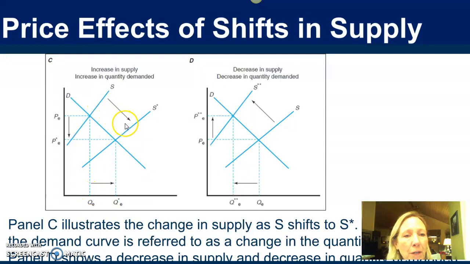Okay, we have a shift in supply. Let's say this is 2018, this is 2019. Now we have lower prices and we have a greater quantity brought to the marketplace. This is a typical supply curve that you would see for a bumper crop, a good crop year. So producers are bringing a greater quantity to the market. Consumers will buy it, but they only buy it at a lower price.